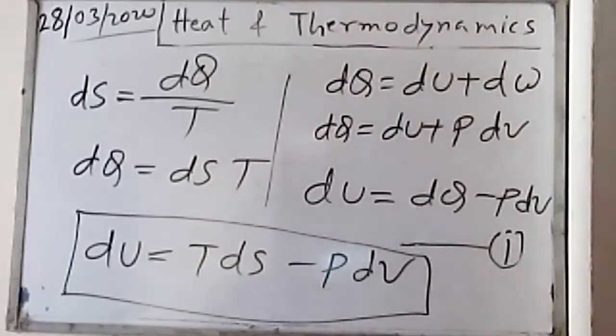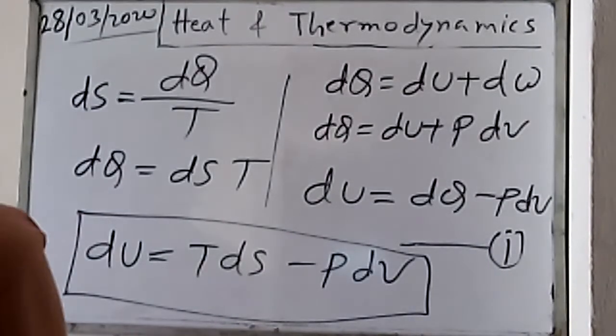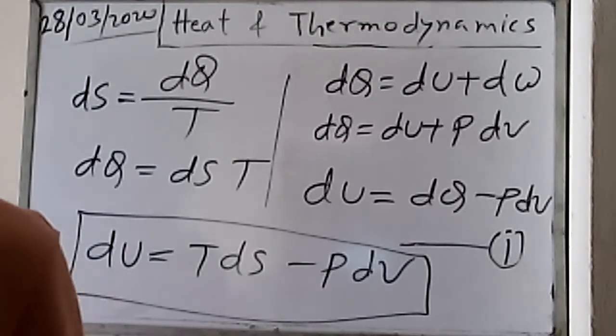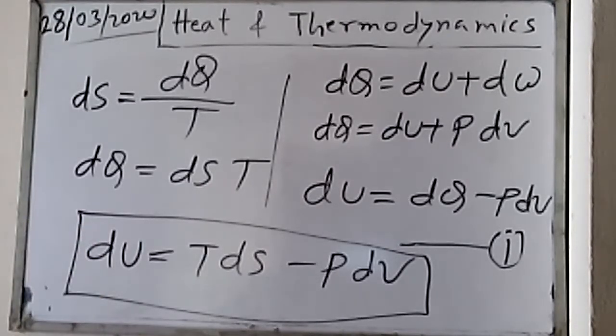These are the 5 state functions, and any two of them, say pressure P and temperature T, can be used to determine the thermodynamic state of the system.